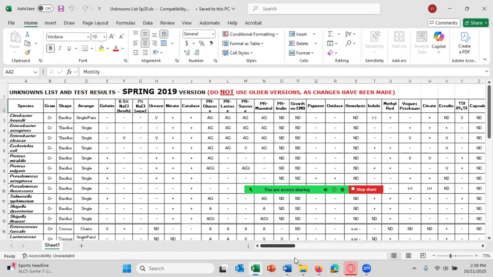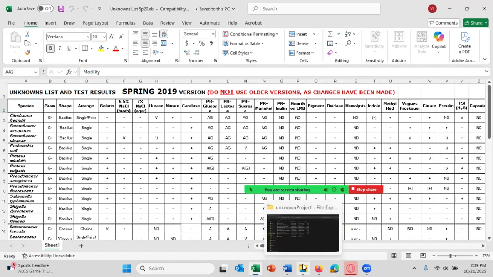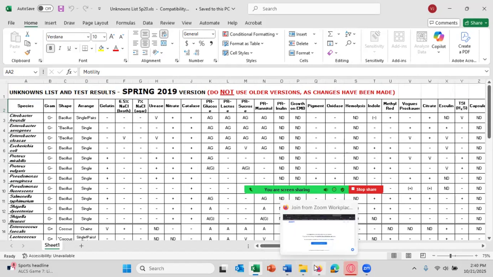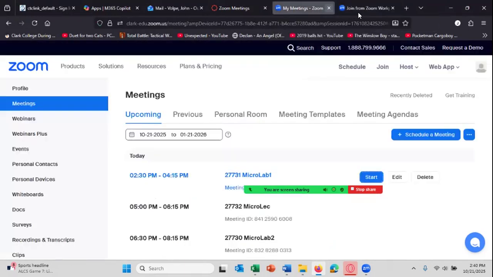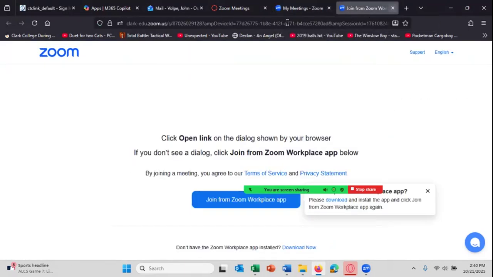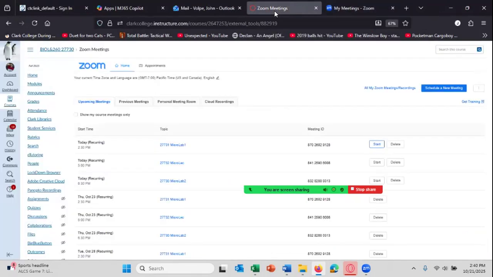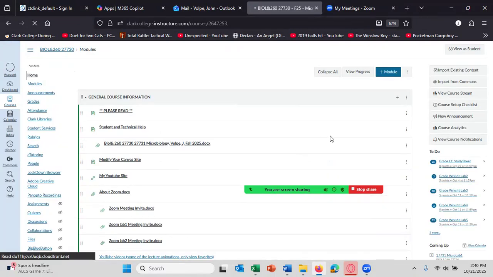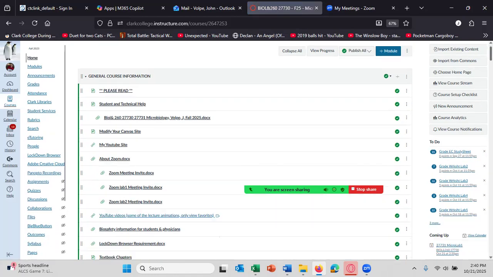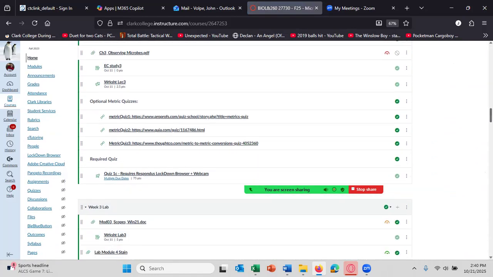Another place to see the tests is to come under week 5 lab.